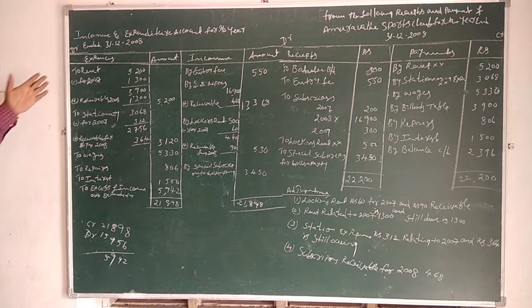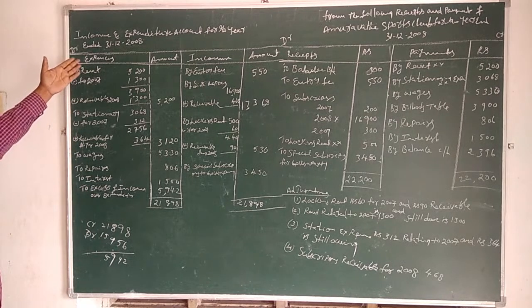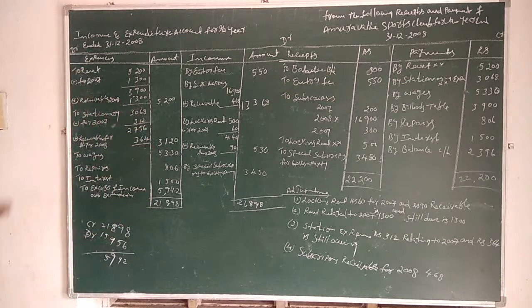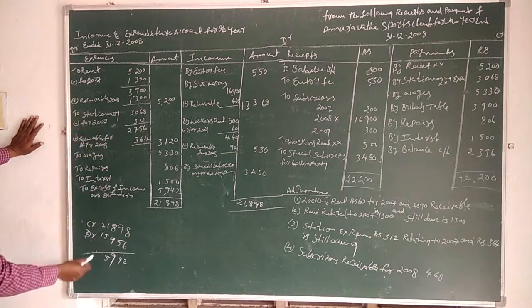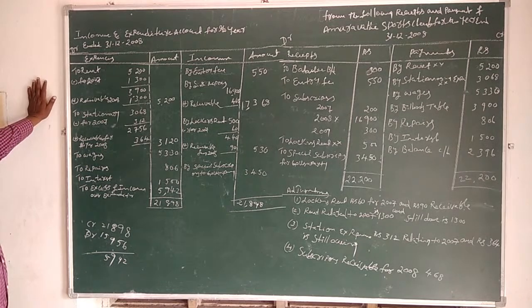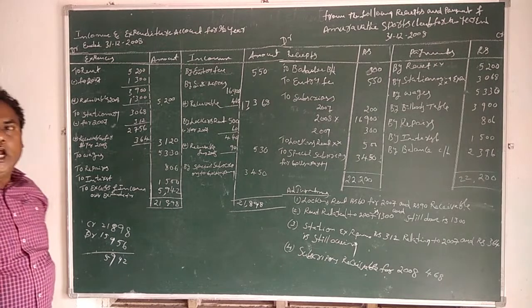This is the income and expenditure account of Amaravati Sports Club for the year ended 31st December 2008. Total credit balance is 21,898, total debit balance 15,956, surplus, excess of income over expenditure, rupees 5,942.